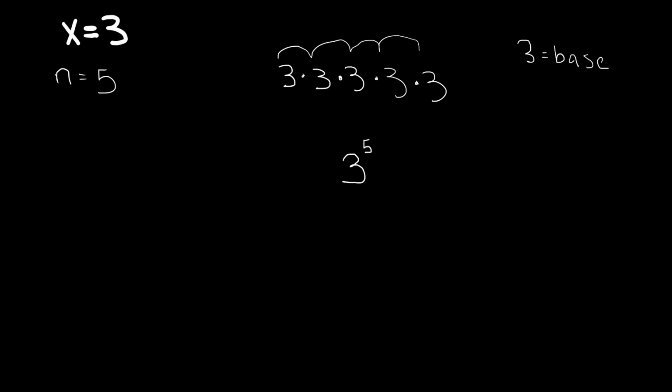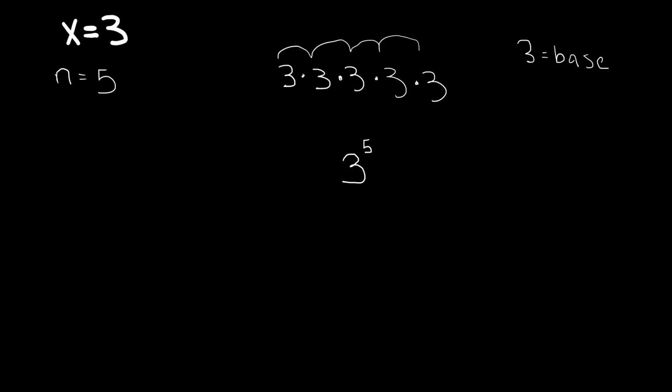In math, we say that the base, which is the 3, can be raised to the power of 5, which is the amount of 3's that we counted. So basically we have this written in exponential notation.